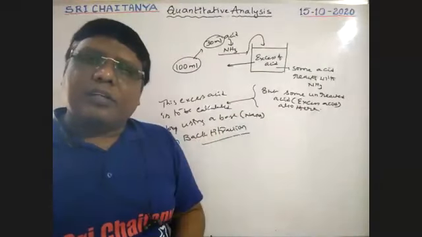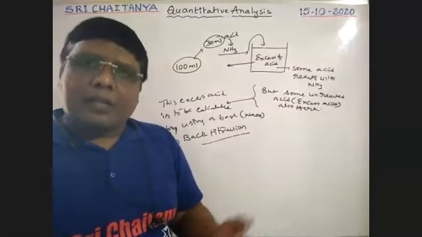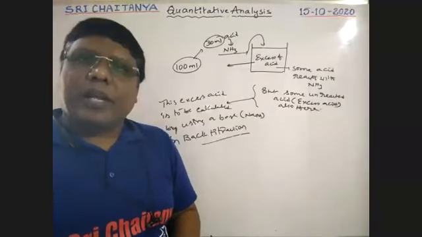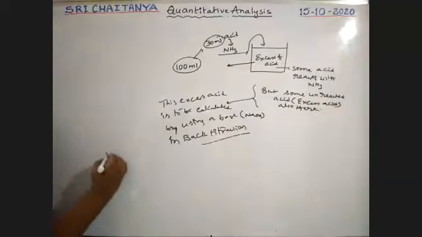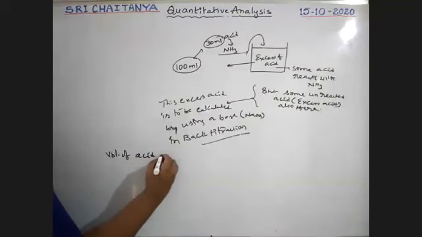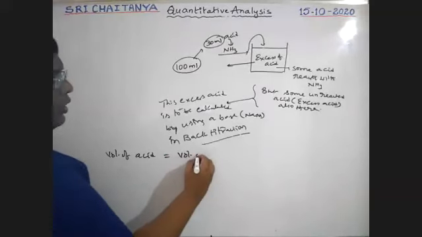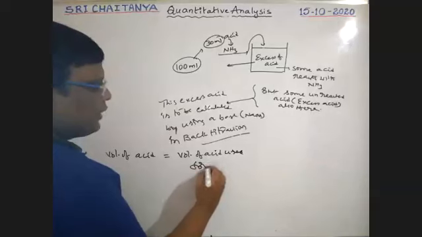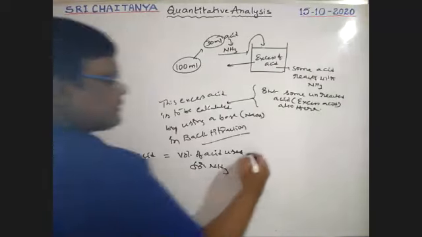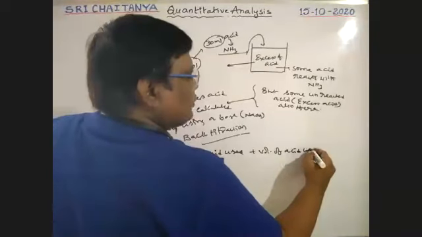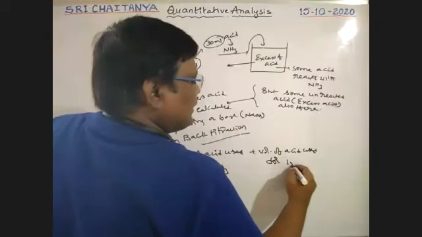So now, did you catch my point? I am explaining by taking a problem. See here, volume of acid is equal to volume of acid used for ammonia plus volume of acid used for base.